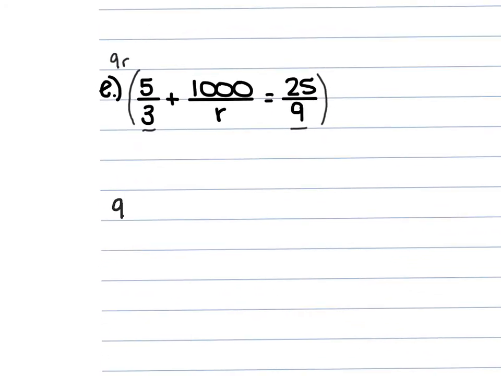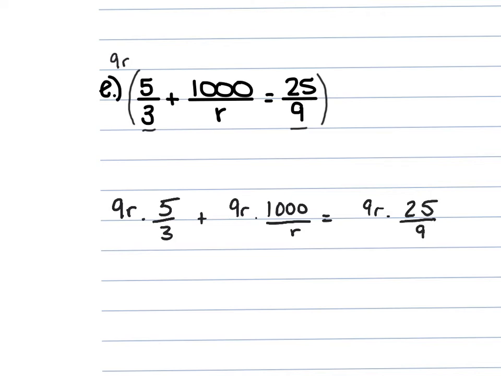So first thing we're going to do is multiply the first thing by 9r. So there's 9r times 5 over 3 plus 9r times 1,000 over r is equal to 9r times 25 over 9. Yes, sir. It still wouldn't be wrong if you do times 3 times r times 9 to the whole thing, right?